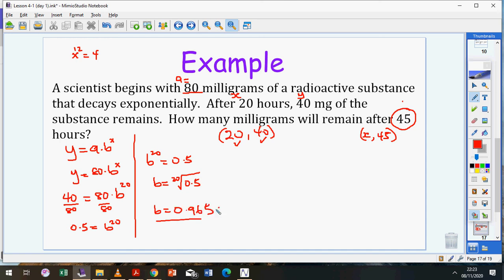You should use at least 4 decimal places, because this being exponential growth, even a single decimal is going to lead to a big exponential growth. So at least use 4 decimal places.